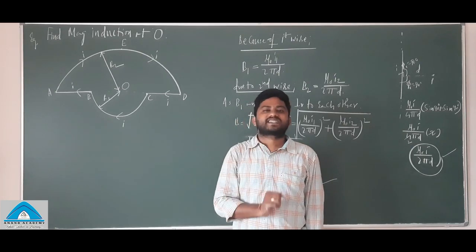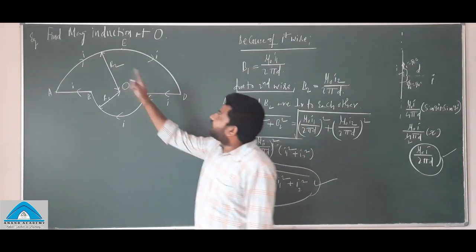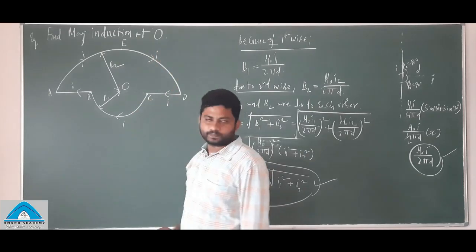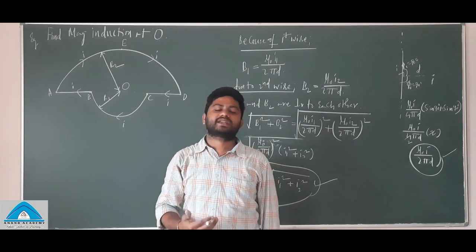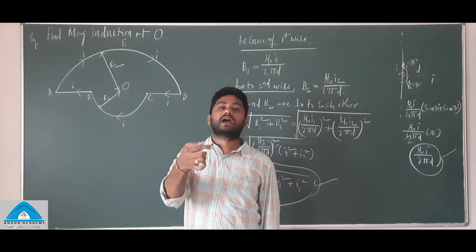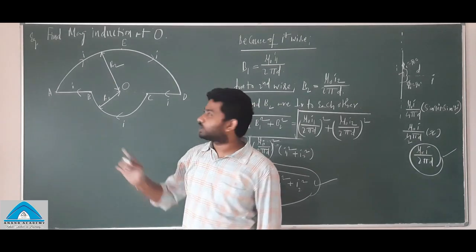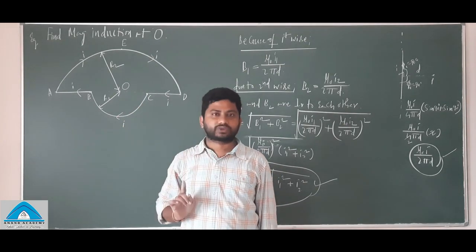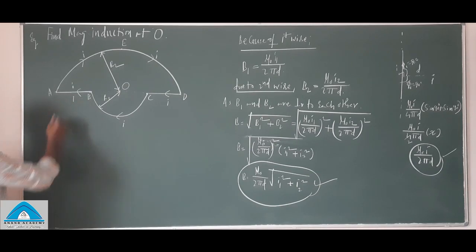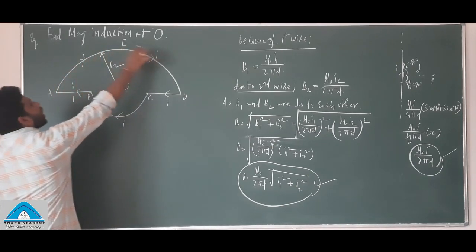Last question of the session, you can see here. Find the magnetic induction at point O. How many wires are here? That much of magnetic field will be produced at this point O. Now, imagine it is a straight wire, number one. There is an arc here.